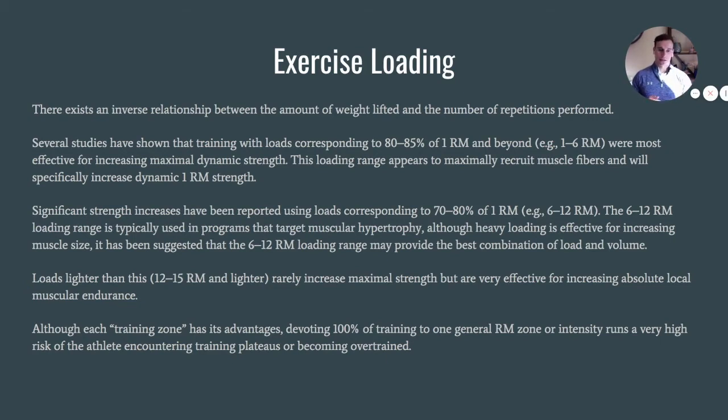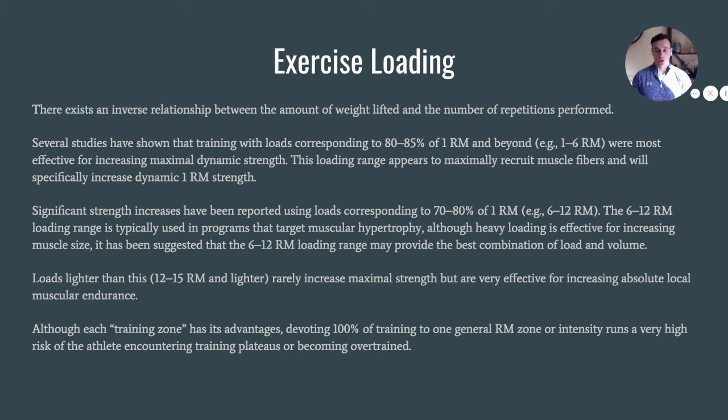Although the heavy loading is effective for increasing muscle size, it has been suggested that the 6 to 12 rep max loading range may provide the best combination of load and volume to give you the adaptations that we're looking for when we're talking about developing muscular strength. Okay, obviously lighter loads than this, so that 12 to 15 rep max range, we're going to rarely increase your maximal strength, but obviously will increase muscular endurance.